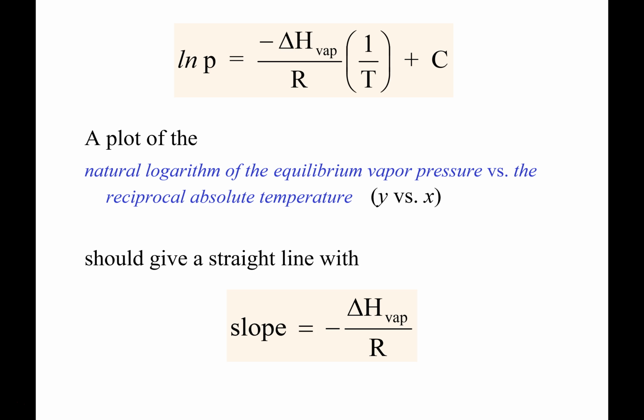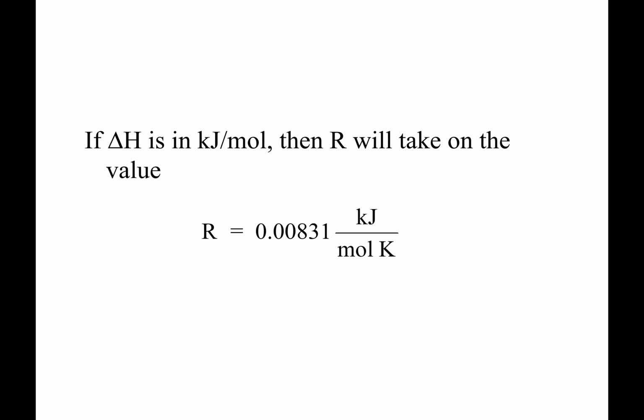We're going to get a straight line, and the m portion that I kind of teased out from the Clausius-Clapeyron equation, the m is going to be equal to negative heat of vaporization over R. I think a few slides ago I told you which R to use, right? The value for R we're going to use goes back to the thermodynamic value for R, which they're all the same, but the units work out well: 0.00831 kilojoules of energy per mole per Kelvin.